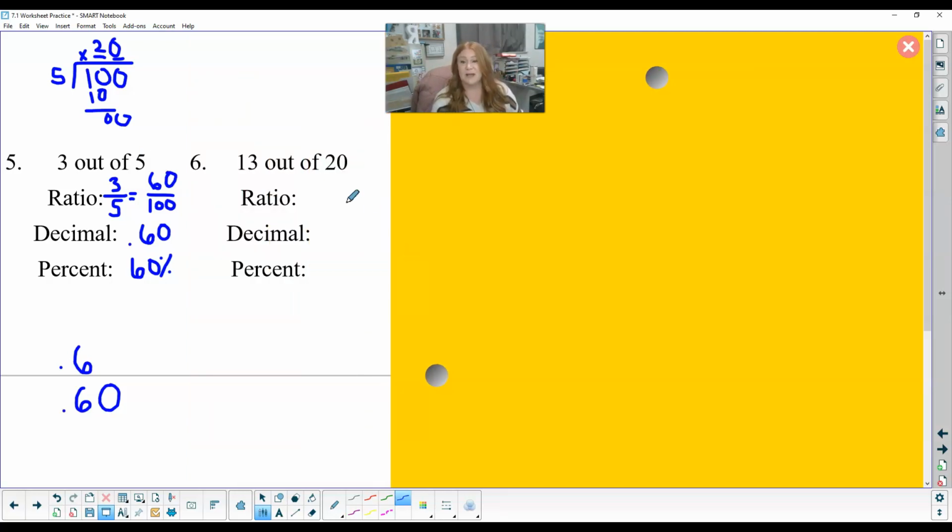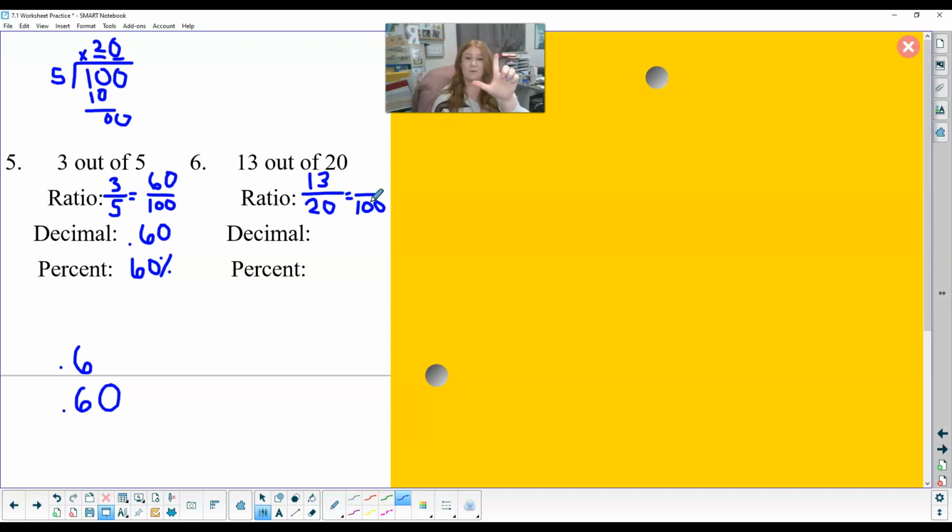Okay, number 6, we have 13 out of 20. So I'm going to write my ratio, 13 over 20. And now I need to change this into 100. So 20 goes into 100 very nicely. Sorry, not 13, 20. 20 to 100, those are the bottom numbers.